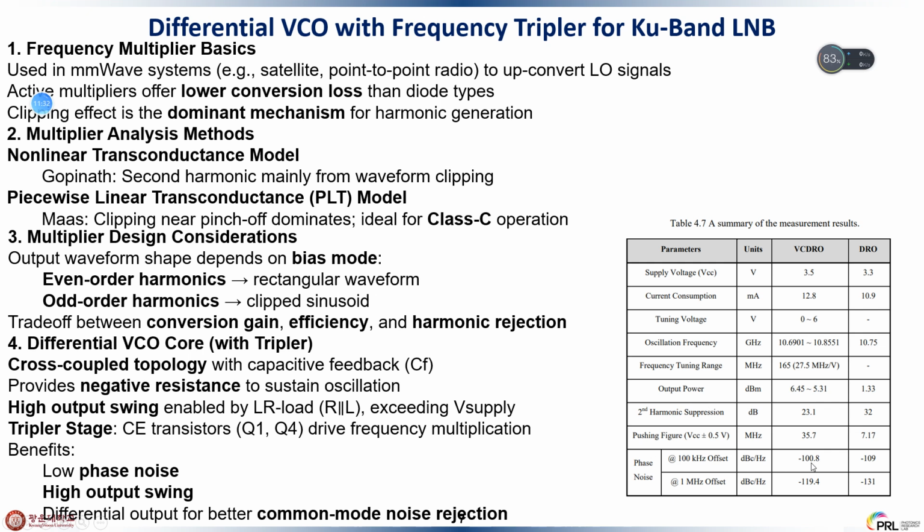We can see the phase noise is -100 to the, so the frequency multiplier basics: used in the wave system to up-convert LO signals, and active multipliers offer lower conversion loss than the diode types, and the clipping effect is the dominant mechanism for the harmonic generation.